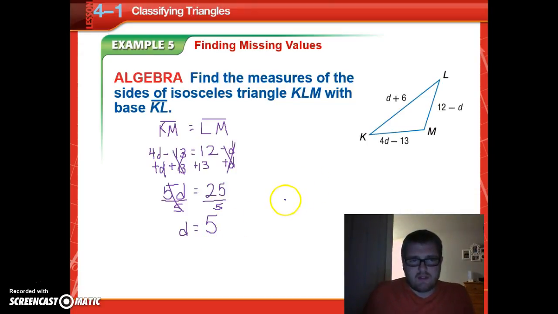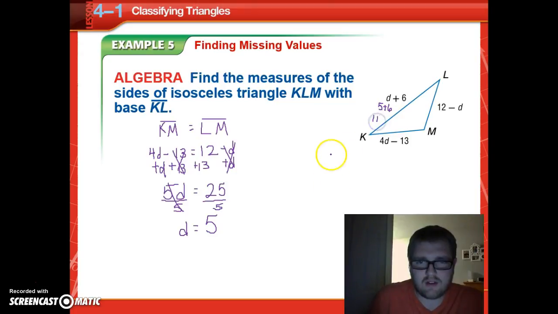That gives us d. We want to find the measure of each side, though. So KL is d plus 6, or 5 plus 6, which is 11. So KL is 11. We want to get KM, which is 4d minus 13. So 4 times 5 is 20, minus 13 is 7.